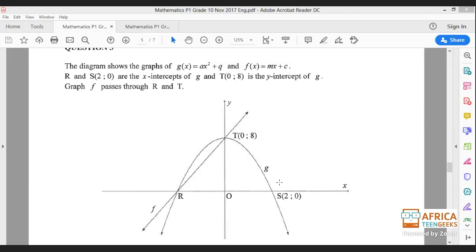So I took S, the coordinates of S. Where Y is 8, I put the 8 where there is the Q. Then I took the 2 and placed it at the x value. So my equation will now be a times 2 to the power of 2 plus 8, and then I said it equals 0.